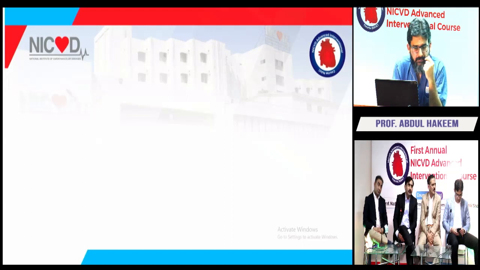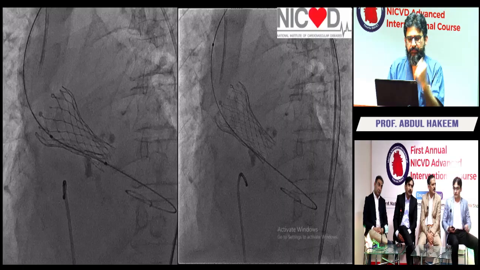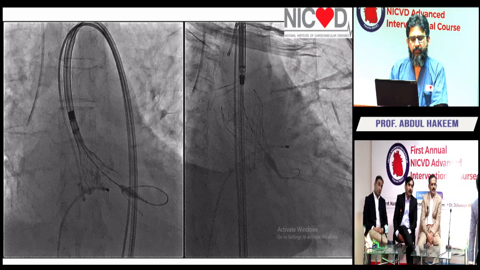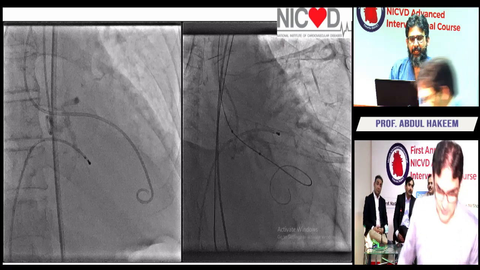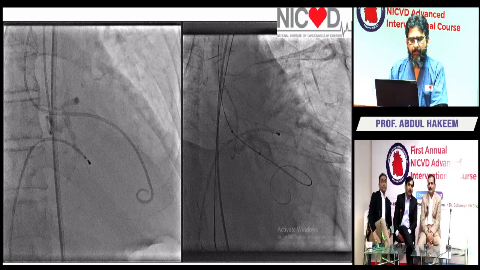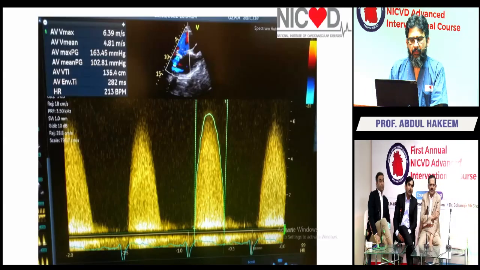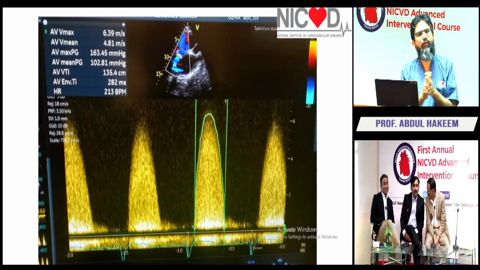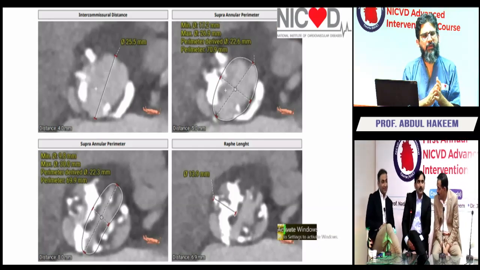Sir, but which size, if our perimeter is coming between 26 and 29, which valve size do we usually take if there is severe calcification? The bigger one or smaller one? No, see, the answer is not as straightforward. You have to look at other things too.